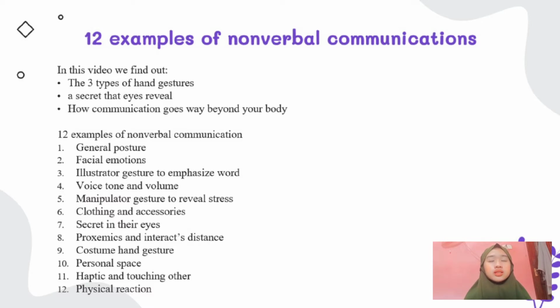One is general posture. Body posture is the first clue to reveal your current mood and a way to assess someone's feeling in just a couple of seconds. One example is alpha and beta posture. You feel more confident by just assuming an alpha posture, which can be good eye contact, a friendly smile, good posture.